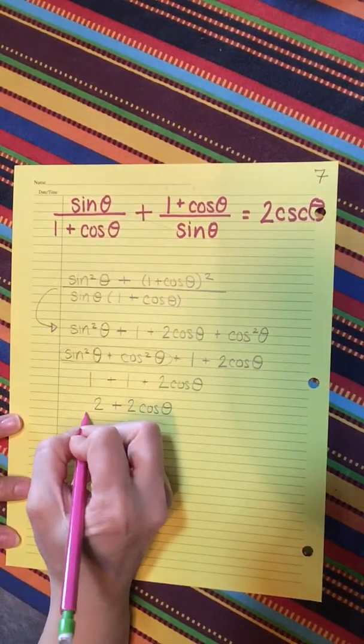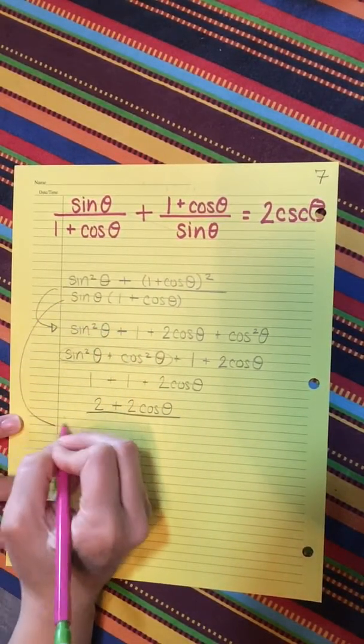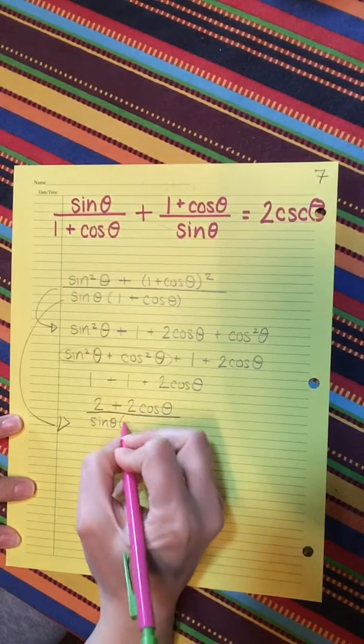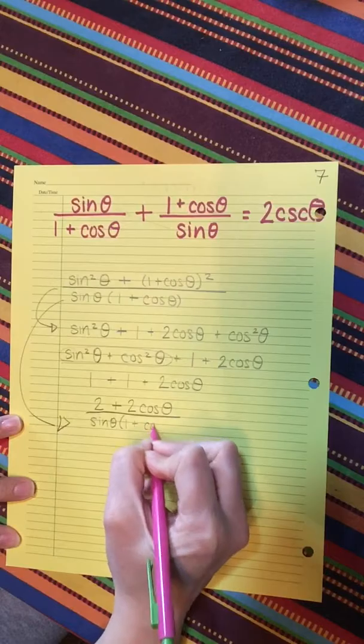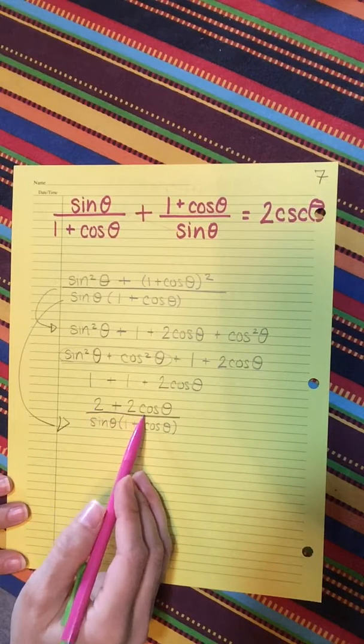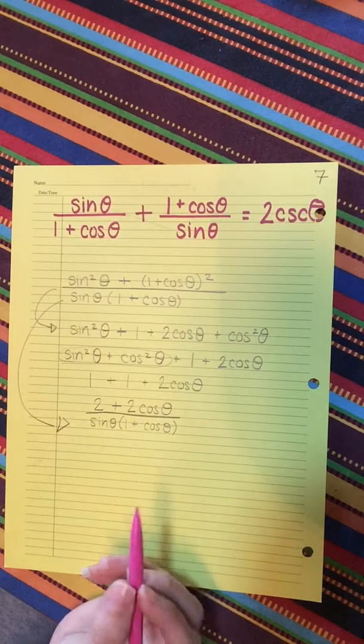Alright, now we still have this all over our denominator, which was sine of theta times the quantity 1 plus cosine of theta. Now if you look at the top, you have two terms here. And what can you take out of both of those terms? Well, you can take a 2 out.